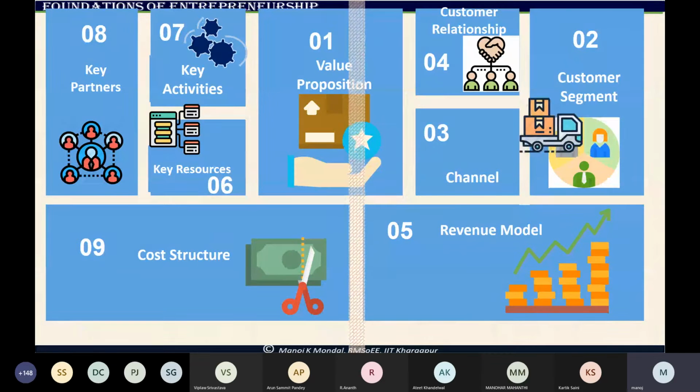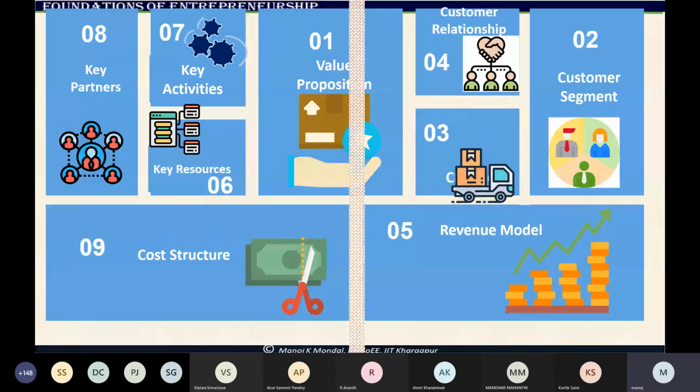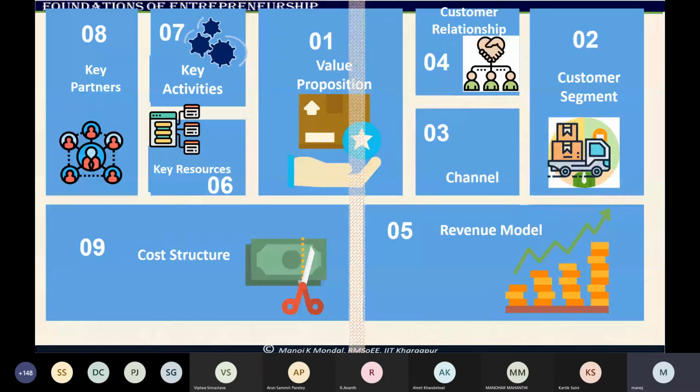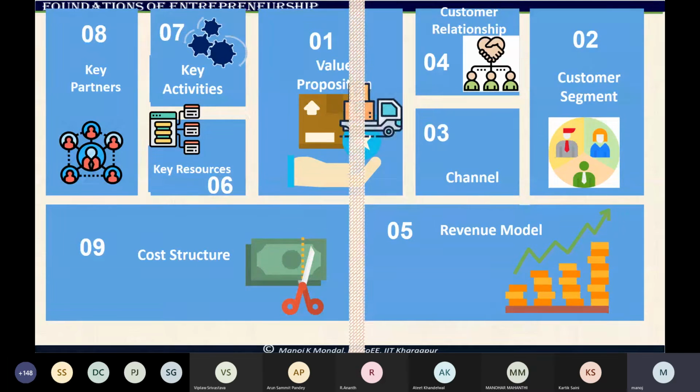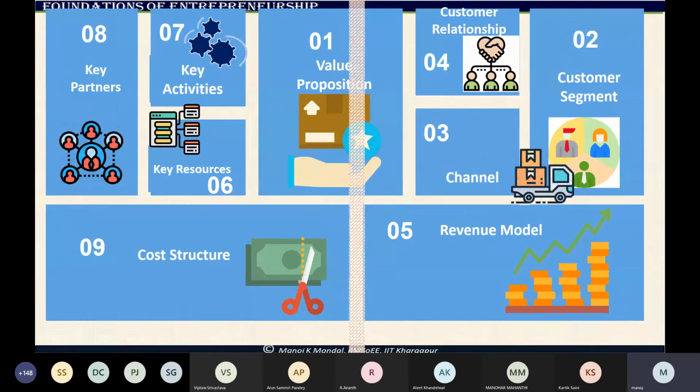Then on the top, number 4 is how we sustain that value transfer, meaning we create a long-term relationship through brand, through trust, through improving the value for money of the customer. So that is customer relationship.